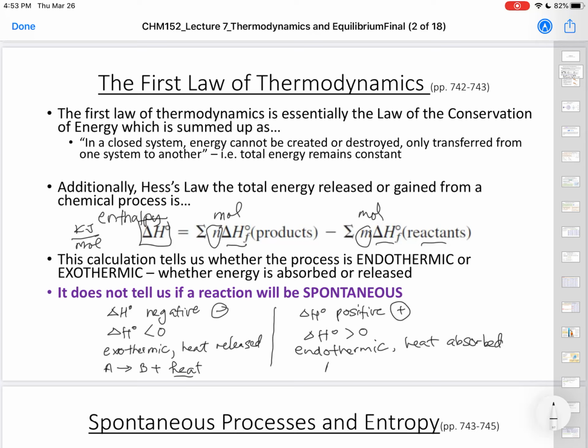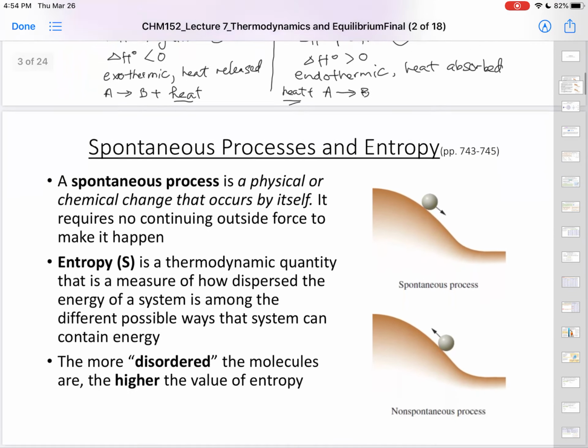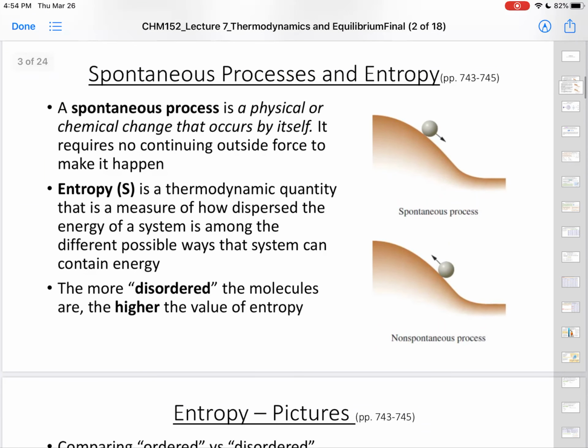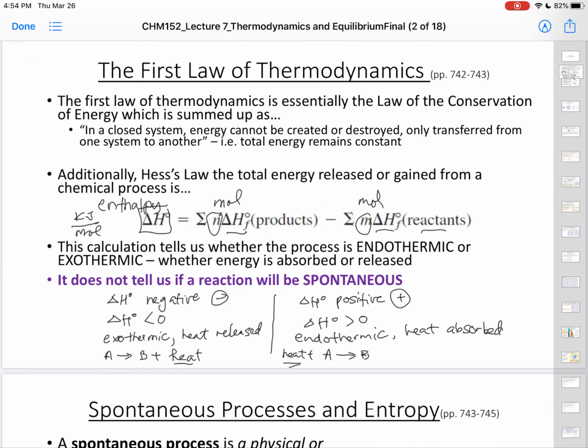Again, that means that heat is absorbed for this reaction to go forward. And if you remember from Le Chatelier's principle, if you have A going to B, when it is endothermic, heat is a reactant, on the left side. This is just a review of what we've already learned in 151 and also what we learned in terms of Le Chatelier's principle.